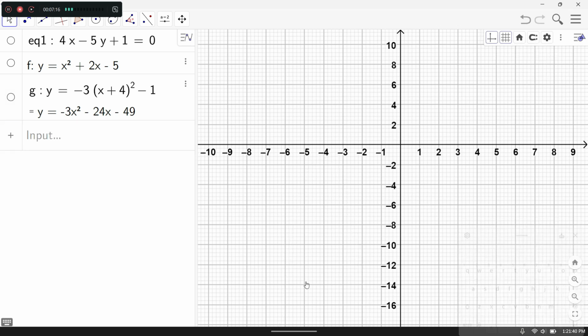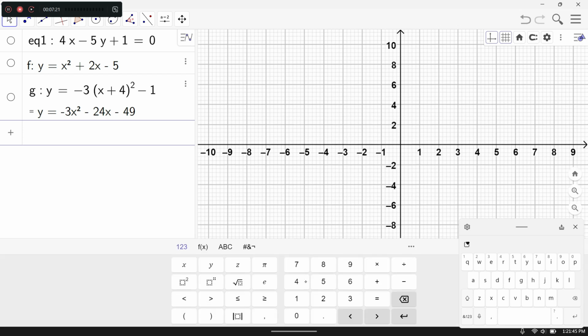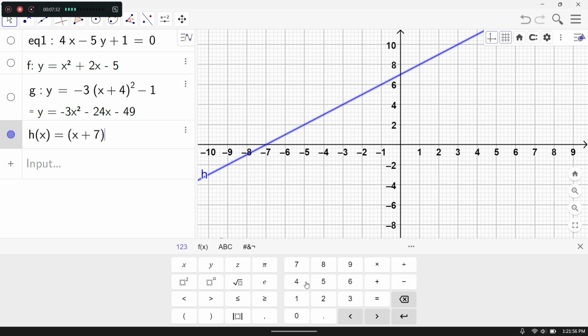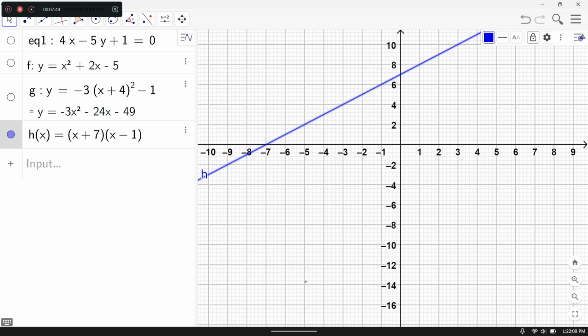And the last one, factored form. Let's see, factored form. We have x plus 5. Now let's change that to 7. And x minus 1. All right, so let's see what we have here.